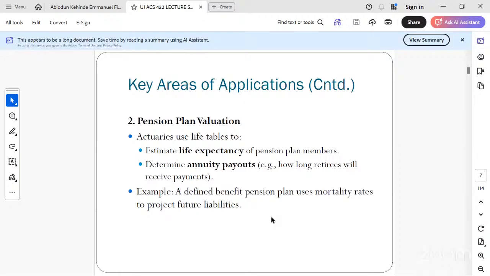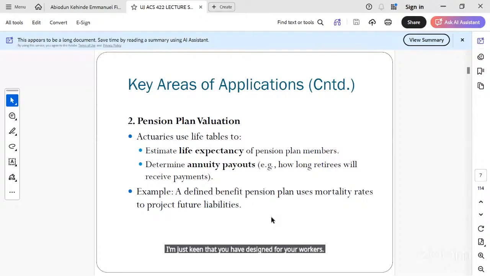So you want to estimate your liability, want to estimate your number of beneficiary of the scheme that you have designed for your workers.